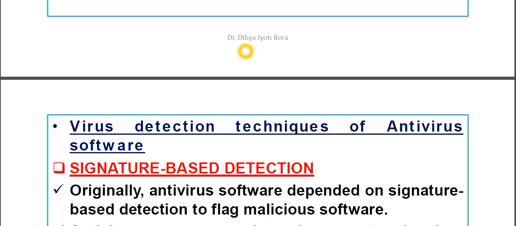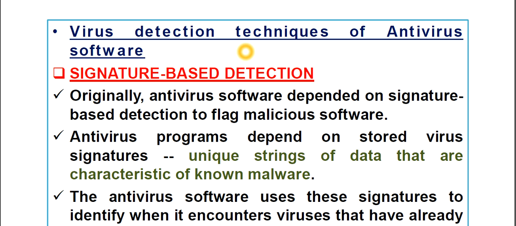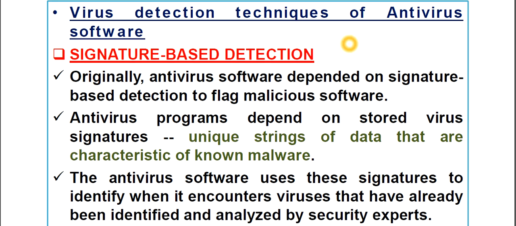Now, if we talk about various detection techniques of antivirus software, then I am bringing three important ones. These are very important, so you better take a screenshot of each of them. The first one is signature based detection.